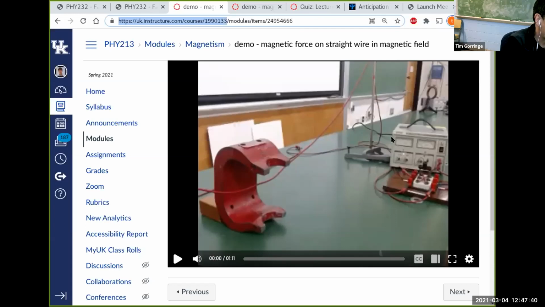Then I've got an electrical circuit, basically. And that electrical circuit comprises a source of electrical current. That's this box here. It comprises a switch. It's a clever switch. I can reverse the direction of the current with this switch. And then there's a big loop of wire.